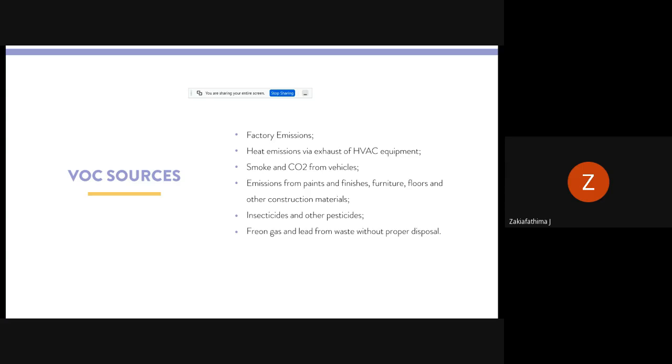Then comes your smoke and CO2 from vehicles, that is due to your transportation. And then you have emissions from paints and finishes, floors of furniture, or any other construction materials, insecticide, pesticides, freon gas, lead, all these that do not get disposed properly. These are all your sources of your VOC emissions.